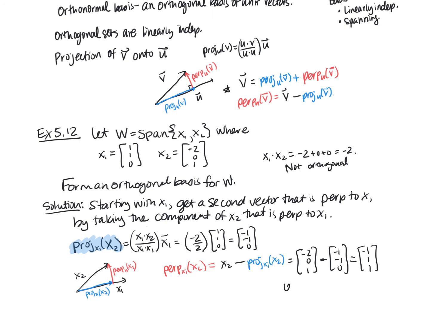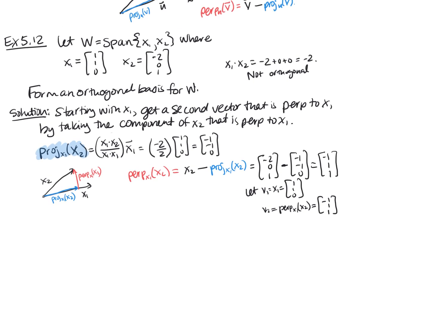So I can let V1 be x1, which is 1, 1, 0, and then V2 can be that perpendicular part, which is negative 1, 1, 1. So you might wonder, is this an orthonormal basis? Are these normal vectors?